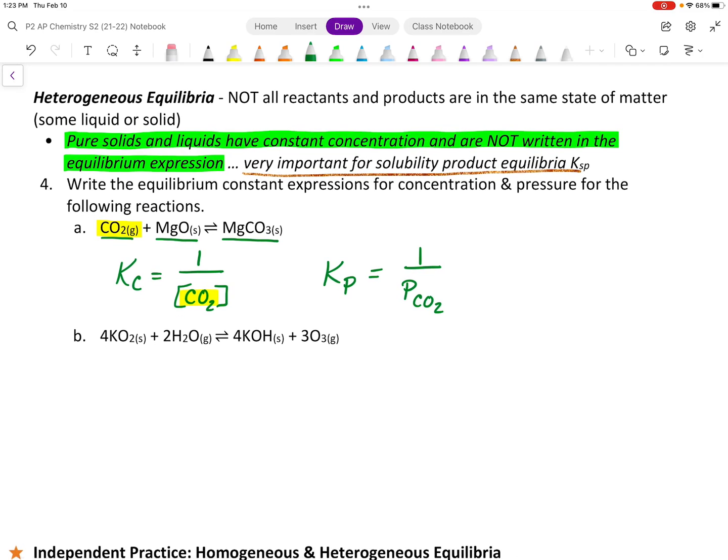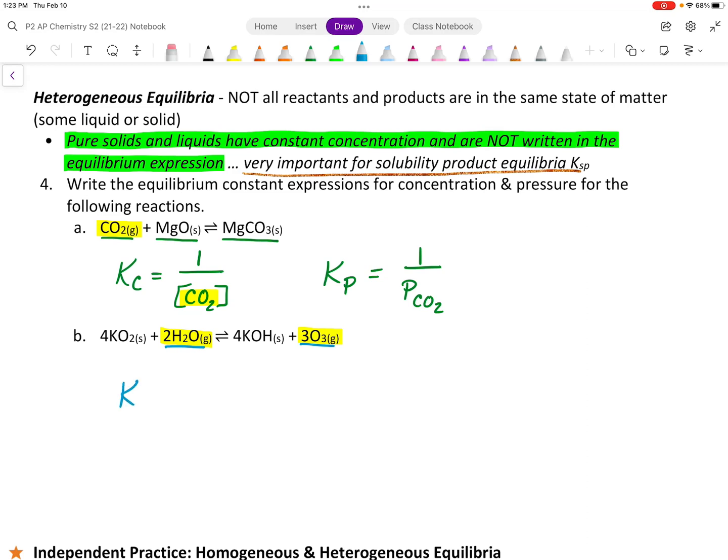So in this particular situation, we have H2O as a gas and O3 is a gas. The other two are solids, and so they're not going to apply to the overall situation. So it's just going to be these two, not the other two. Still important for the reaction, but not for the equilibrium.